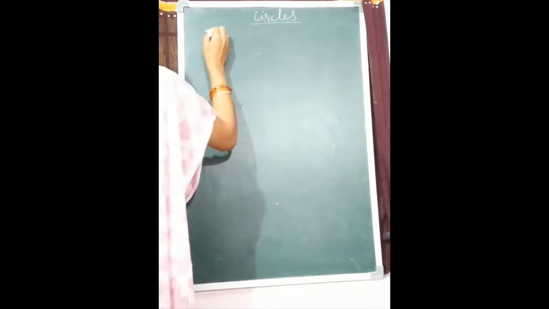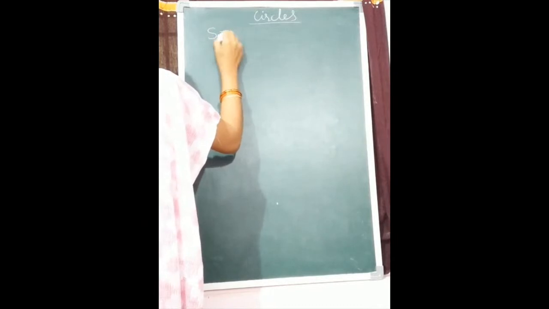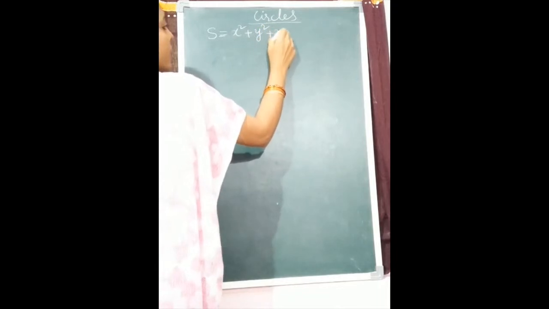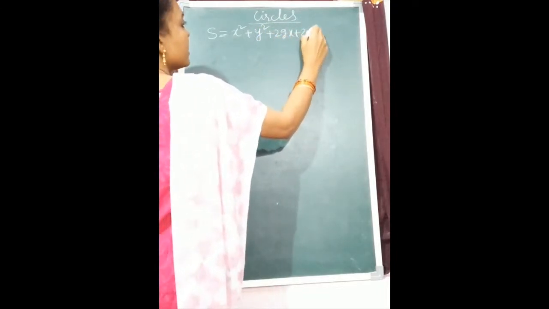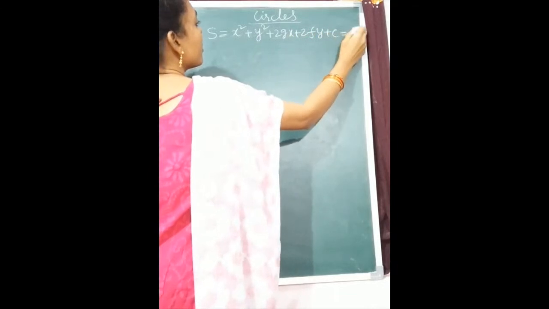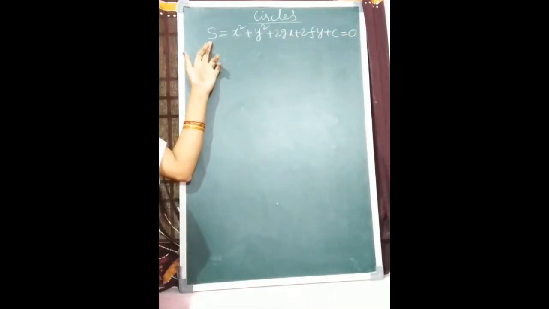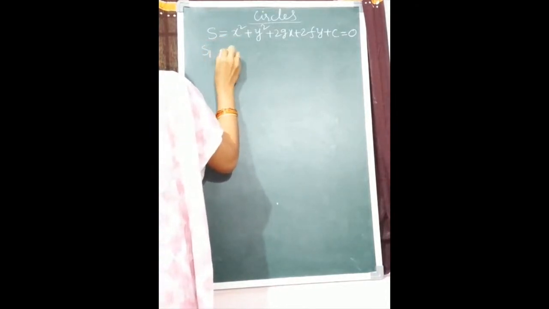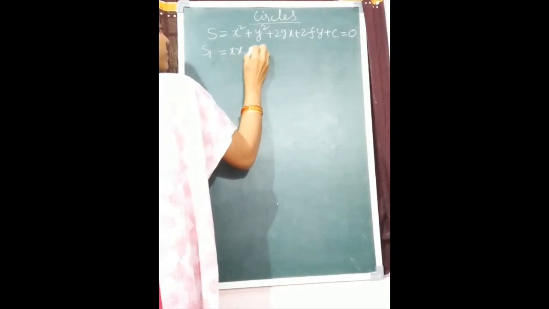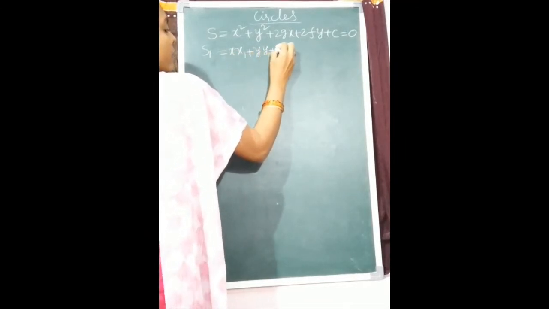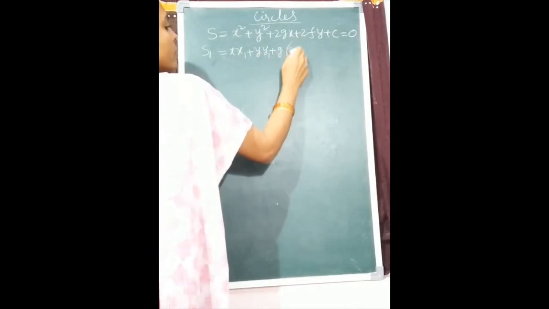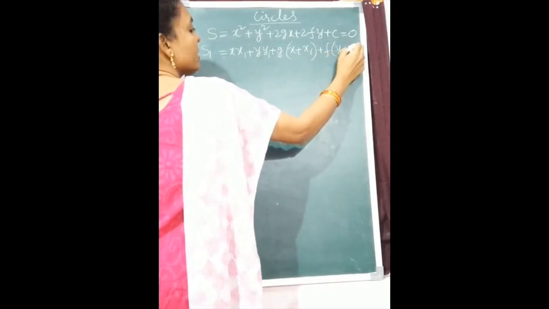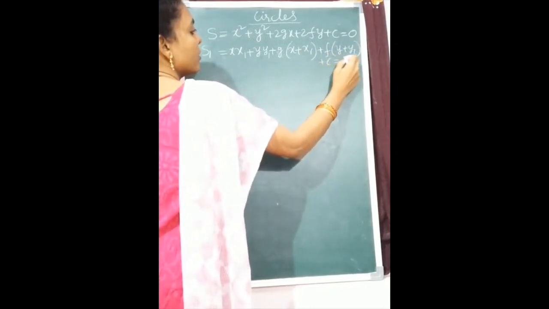For example, say S is equal to, represented as circle, x square plus y square plus 2gx plus 2fy plus c. You know it is represented as circle S is equal to 0, and S1 is equal to xx1 plus yy1 plus g into (x plus x1) plus f into (y plus y1) plus c is equal to 0.